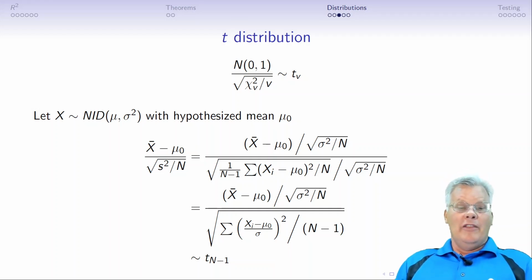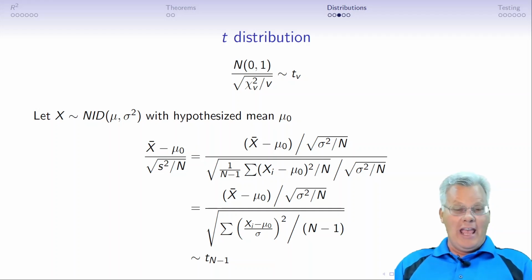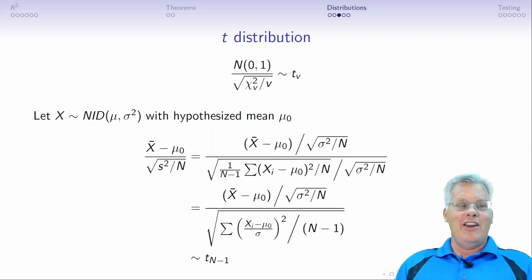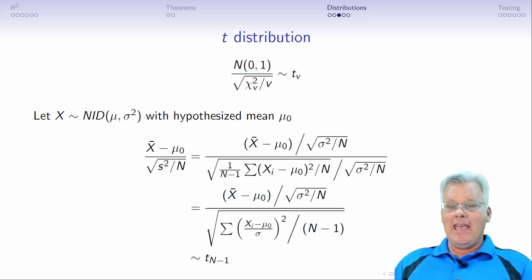So remember, the variance of x bar is sigma squared over n. So s squared is the OLS estimator of sigma squared, the true unknown variance. So x bar minus mu sub 0 over the square root of s squared divided by n.